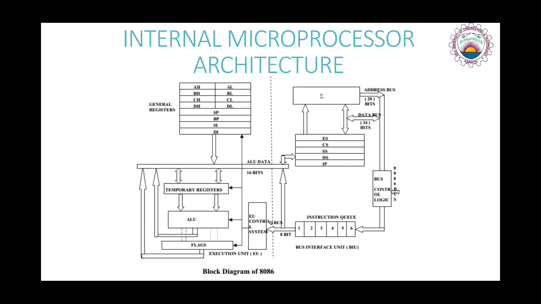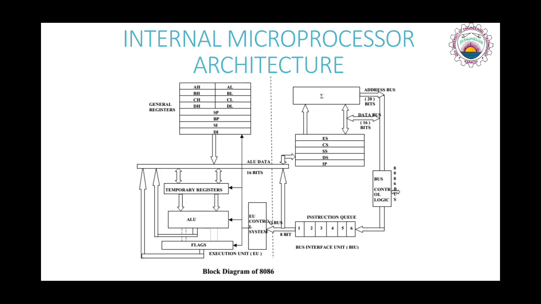On the right side you have the bus interface unit. On the top of the bus interface unit you have a summer, that is the physical address summer or adder.